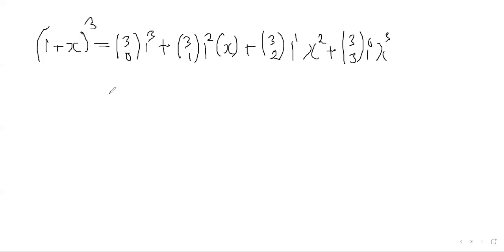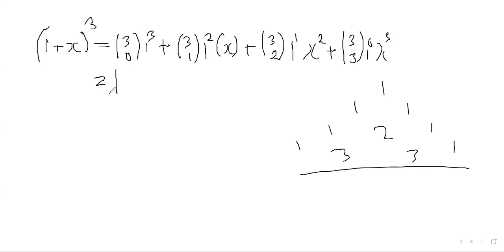So in short, here we have 3 choose 0. If you remember your Pascal's triangle very well, 3 choose 0 is equal to 1, 3, 3, 1. So 3 choose 0 here is 1. So 1 multiplied by 1 to the power 3 is 1, plus 3 choose 1, the answer here is 3. 3 multiplied by 1x, the answer is 3x.